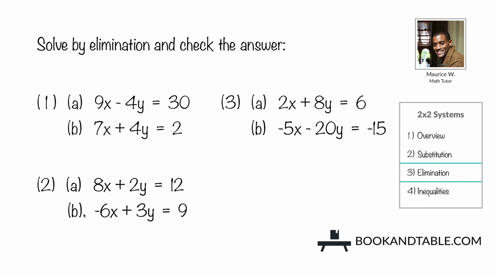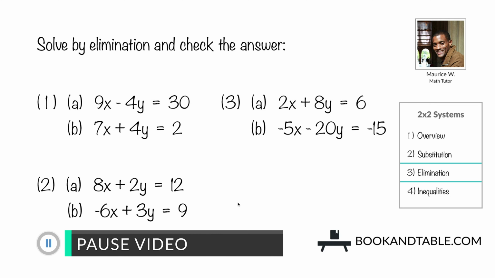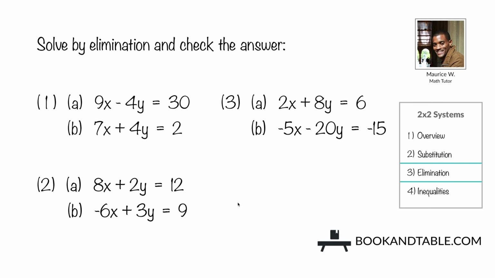Equation B, negative 6x plus 3y is equal to 9. In question 3, equation A, 2x plus 8y is equal to 6. In equation B, negative 5x minus 20y is equal to negative 15. Pause the video, answer these questions, and then press play when you are ready to begin.